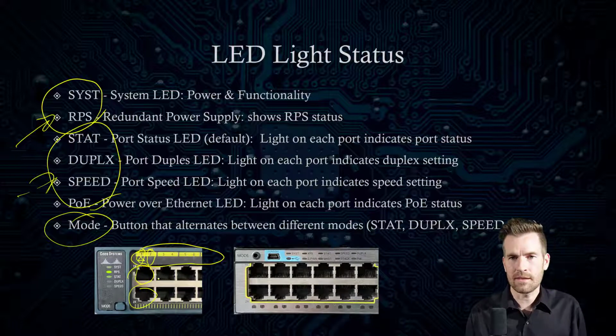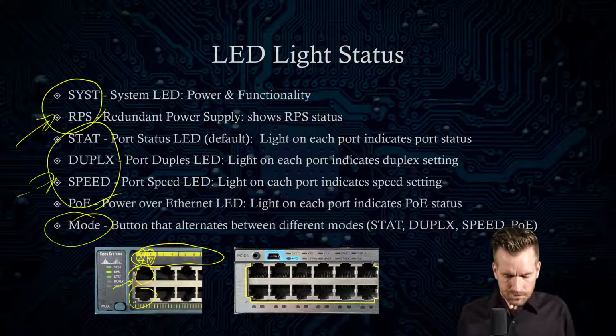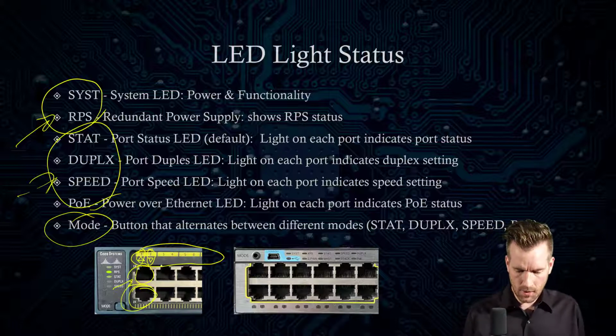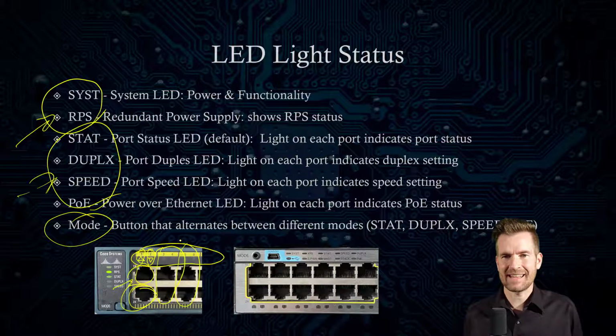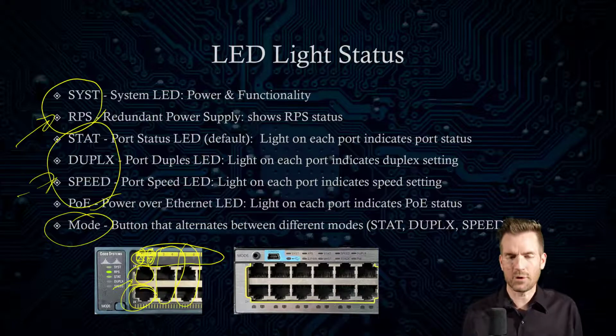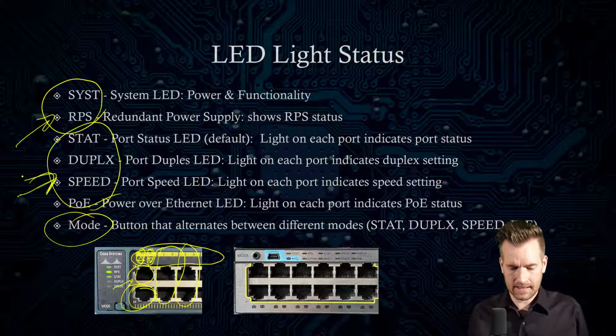The port 1 indicator points up because the top port is port 1, and this indicator is a triangle that points down, because port 2 is the one on the bottom. This is port 3 and 4, this is port 5 and 6. These little triangles that point up or down will change depending on what we have selected.